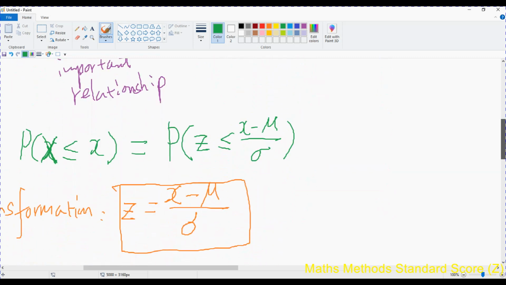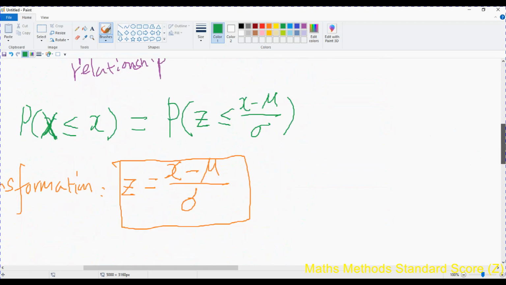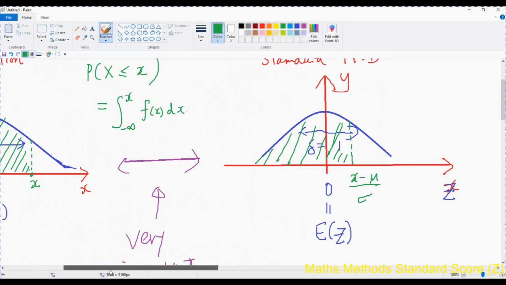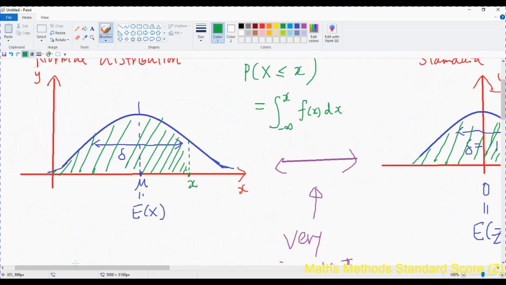Okay, so that's a very important transformation in normal distribution and in statistics in general. Why? Because there are millions, or hundreds of millions, of normal distributions with all sorts of mean and standard deviation.